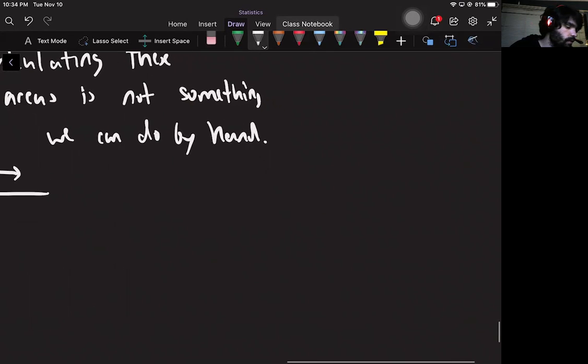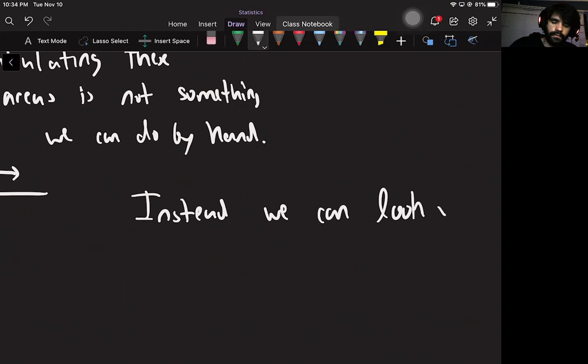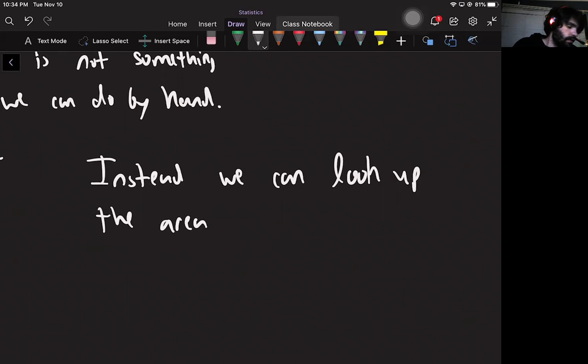Someone else already did this for us. So here's the key. Instead of doing this, we can look up the area, because some helpful person already calculated all the areas you'll ever need to look up. And the way we do this is by calculating z-scores.